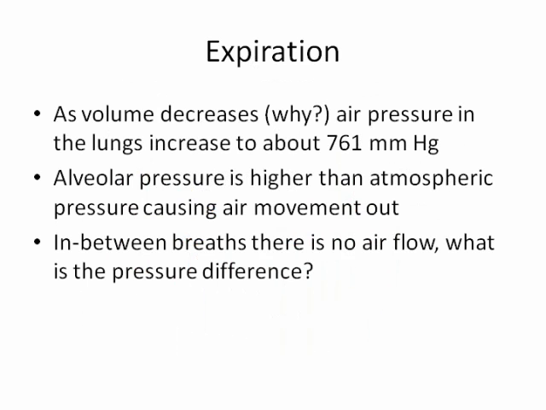And the last thing I want to cover is, again, expiration. As volume decreases, air pressure in the lungs increases to about 761 millimeters of mercury. Remember, atmospheric pressure is equal to 760 millimeters of mercury.